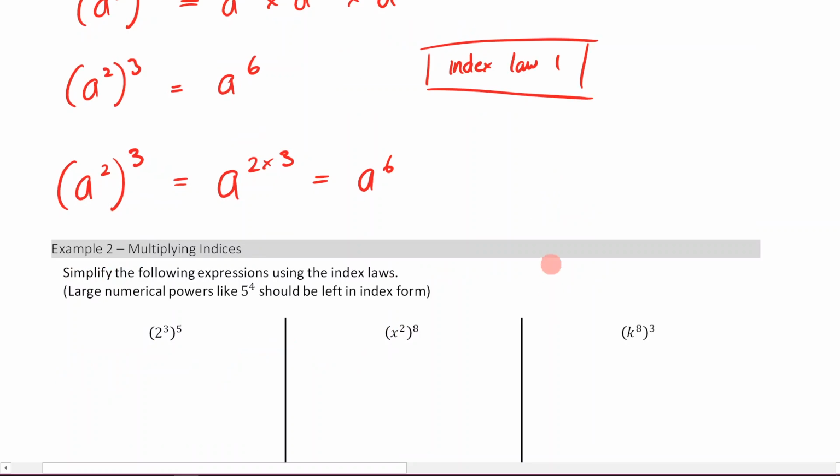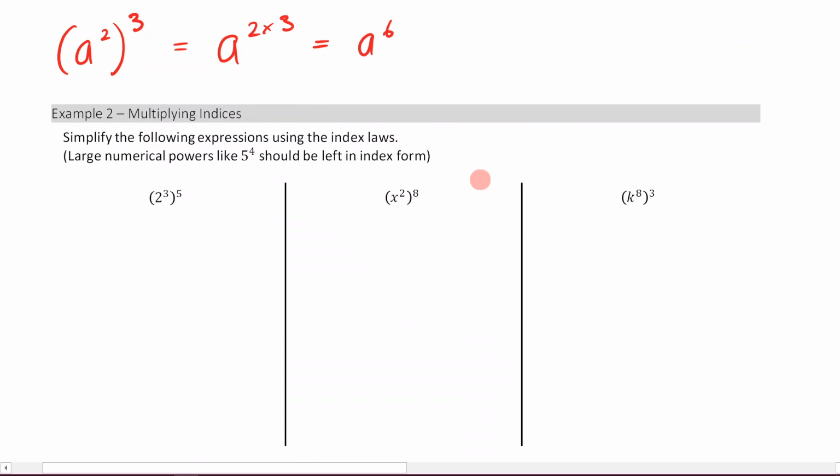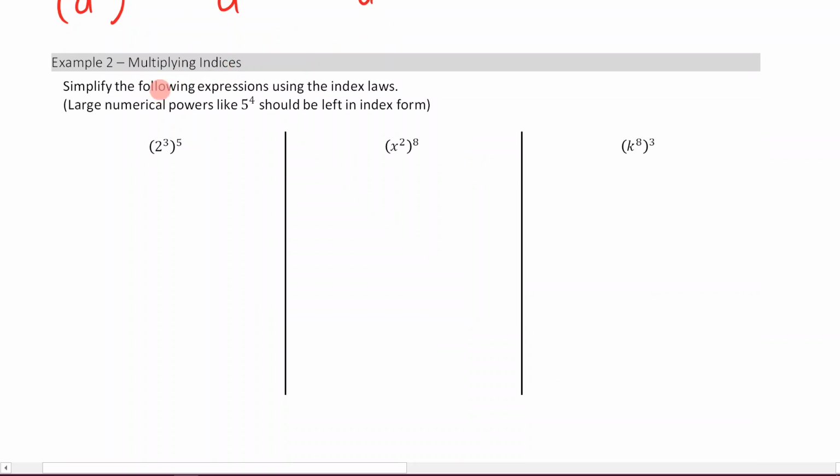All right, let's go through a few examples here. So this is example 2, multiplying indices. Simplify the following expressions using the index laws. Large numerical values like 5 to the 4 should be left in index form. So that's just telling us that we don't have to evaluate really big numbers. Okay, so remember, when you've got these brackets and you've got a power to a power, you multiply your powers.